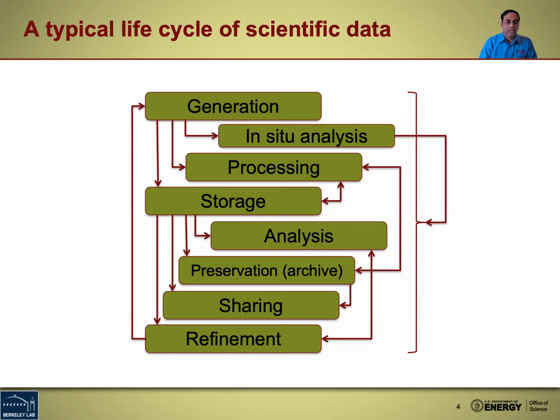When the experiment, simulation, or observation is refined, you generate more data. This is just one typical life cycle of data, but it is not the only way, and not all the steps may be in the same data life cycle.